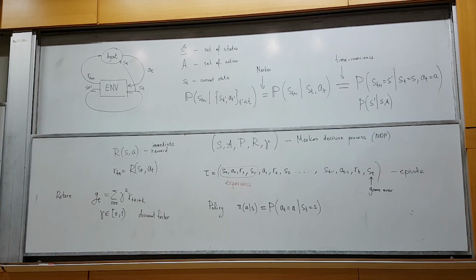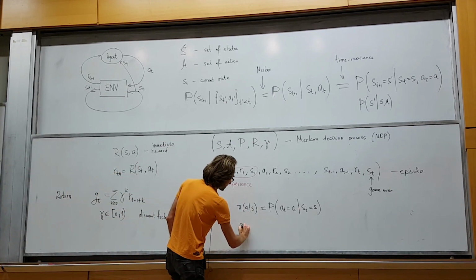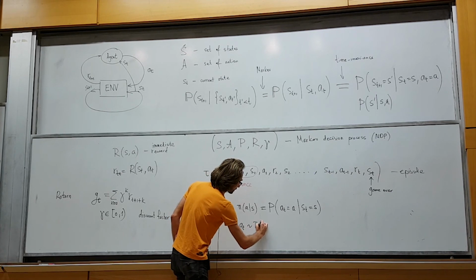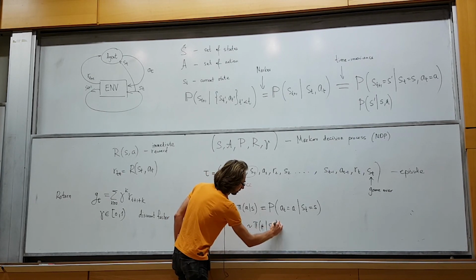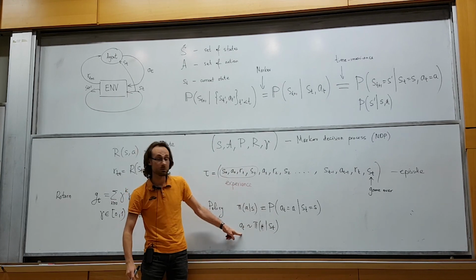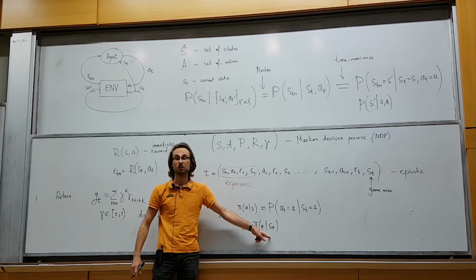Exactly. So this generally describes a stochastic policy. I will draw an action from this distribution. So I'm currently at state S, and I'm drawing an action from this distribution, right? So the action at time t will be drawn from this distribution. Okay?